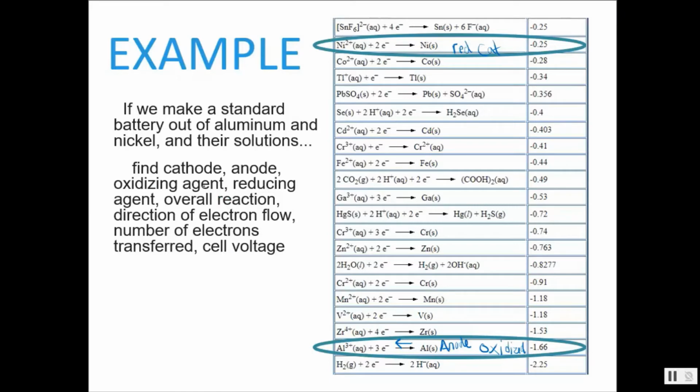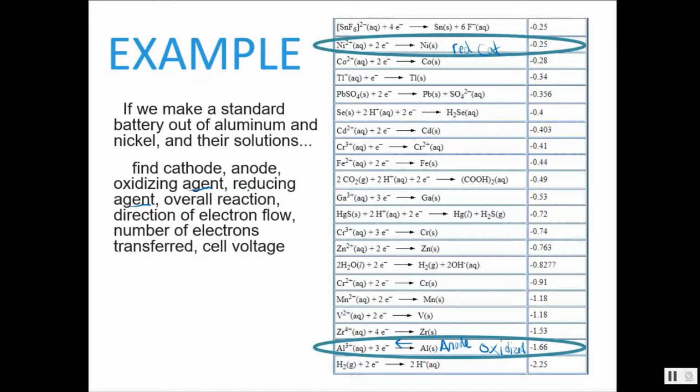And then we want to figure out our oxidizing agent and reducing agent. And this is review from 141. The oxidizing agent and reducing agent are the species that cause oxidation or cause reduction. So whatever is reduced is going to be our oxidizing agent, and whatever is oxidized is going to be our reducing agent.